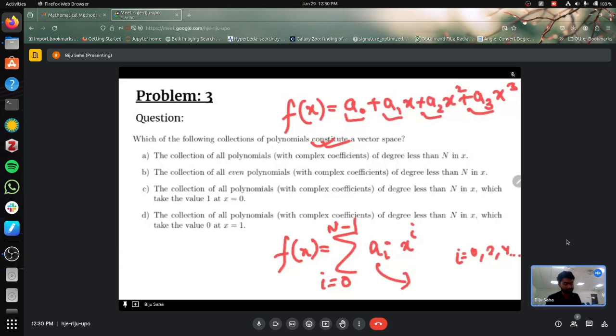The third case is a polynomial of degree less than n, but at x equal to 0 the polynomial should attain the value 1, that is, f of 0 should be 1. This is again a special case. With elements meeting this criterion, we have to check whether that is a vector space or not.